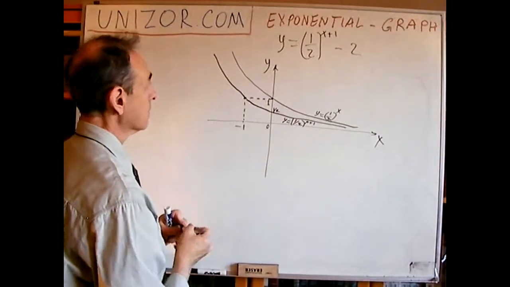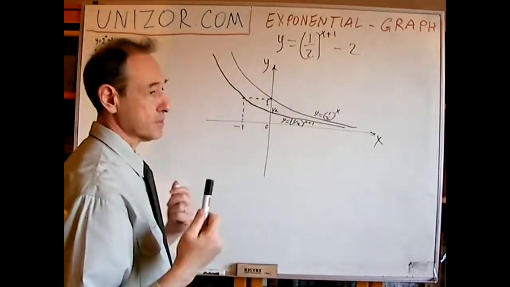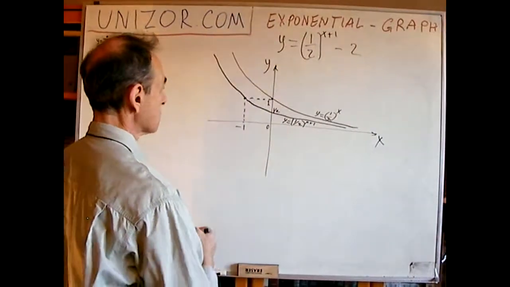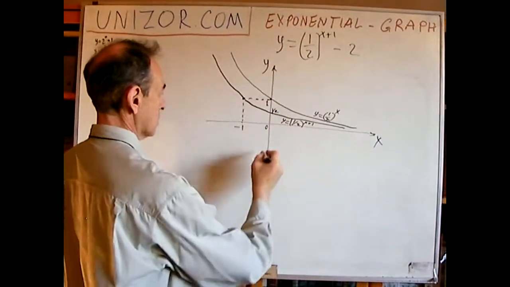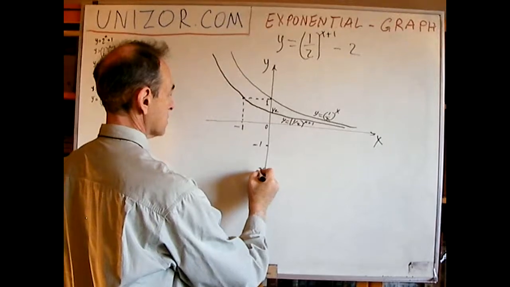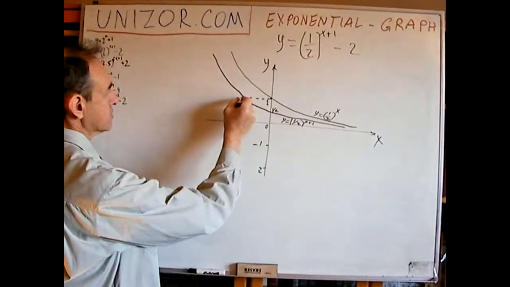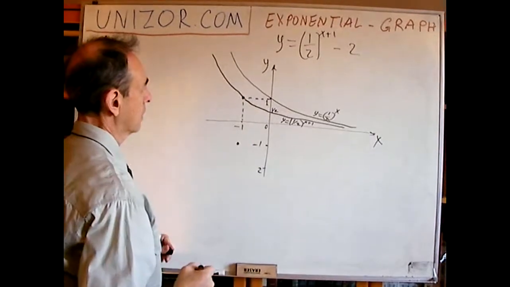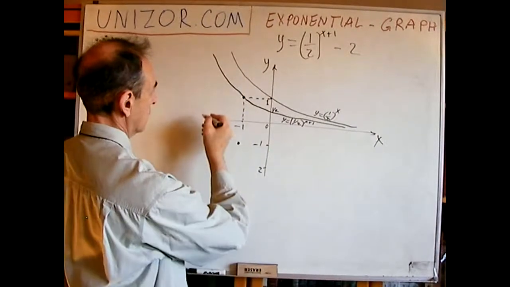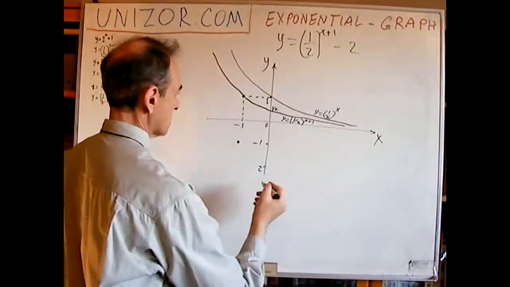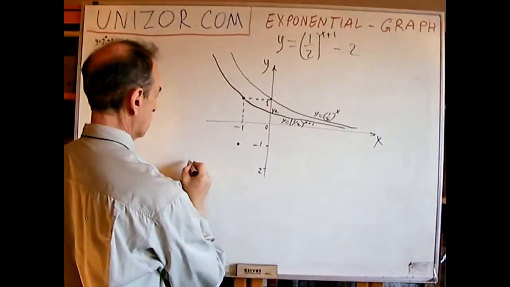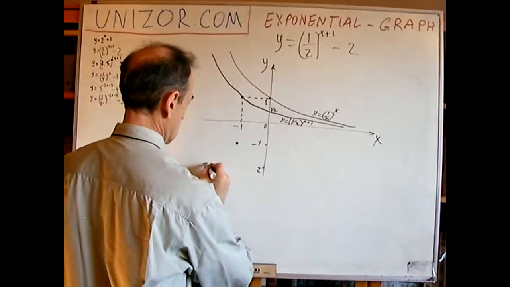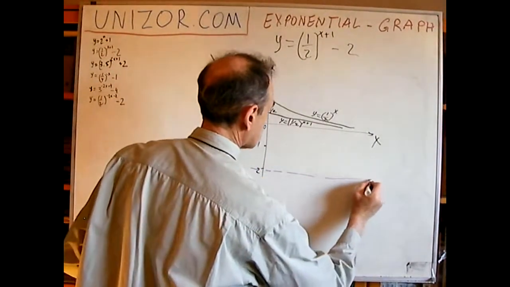Now, the last thing is we have to subtract 2 from the function, which means the function moves down by 2 units. Well, this is 1 unit, so this would be minus 1, and this would be minus 2. So this point will go to this point. The x-axis as an asymptotic line would actually be the axis shifted down.